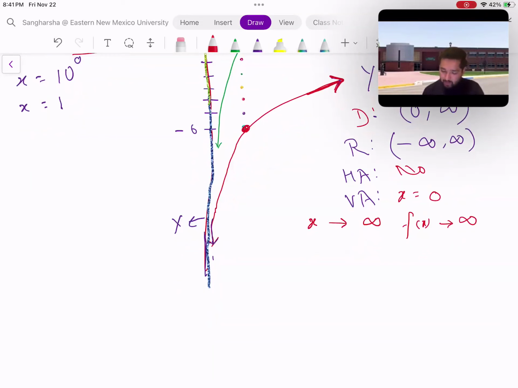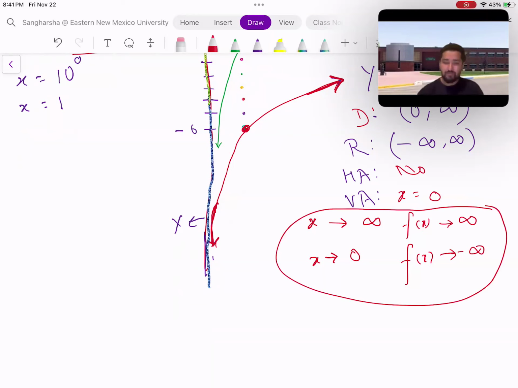As f of x goes to negative infinity, it means our x goes to 0 from the right, close to 0. When x is very close to 0, your graph goes to negative infinity, and this is the end behavior.